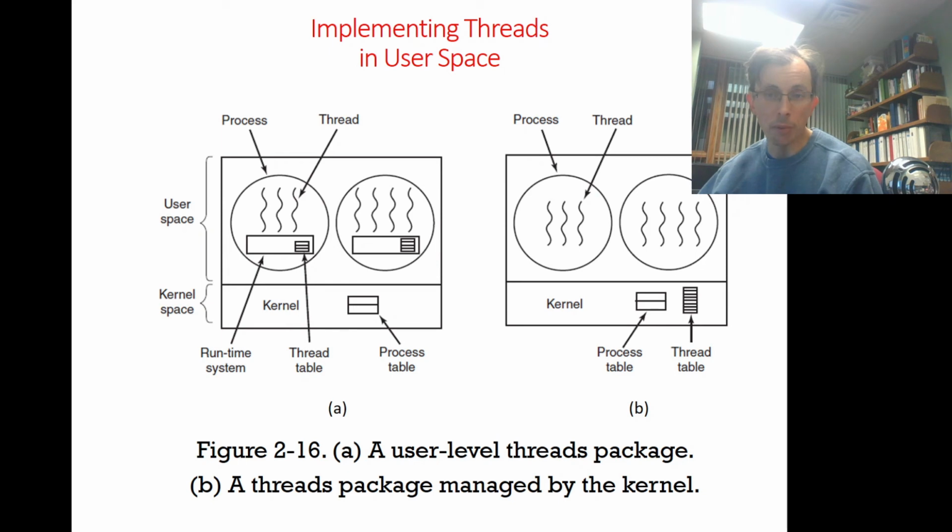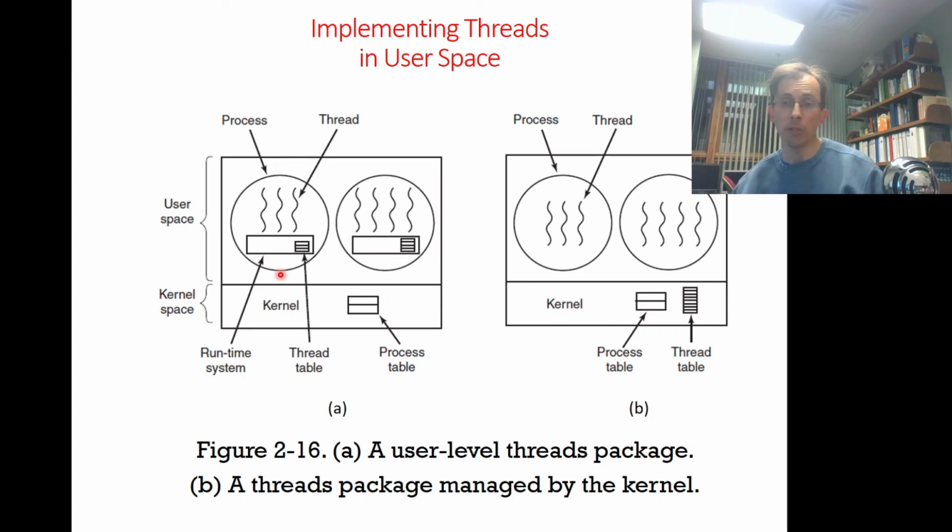But this is important, this whole thread table maintained by this runtime system and user level threads package. When a thread does something, it may cause it to become blocked locally, like waiting for another thread to complete some work. It has to run a runtime system procedure. It checks to see if the thread must be put into a blocked state.